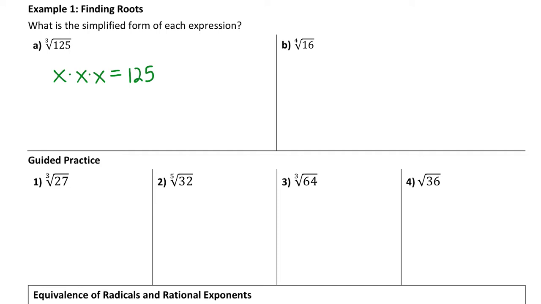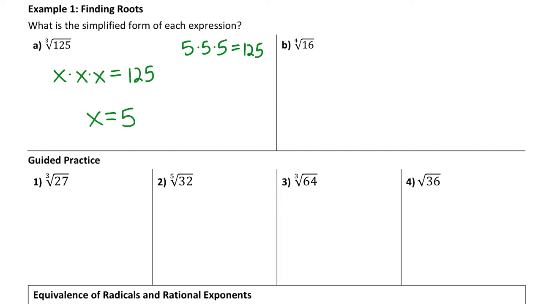Now, mental math is a little bit harder here, but it's understanding that x is really 5 because 5 times 5 times 5 is 125. And I will give you strategies for working through these eventually, but right now, be able to just understand what the third root means. It means a number times a number times a number, all the same number, is 125.